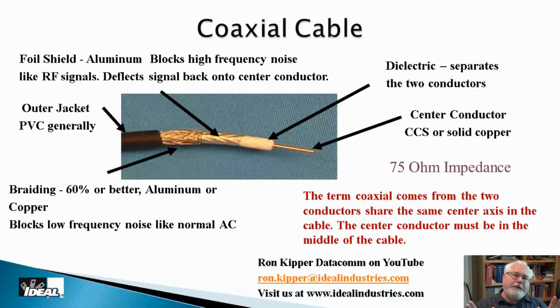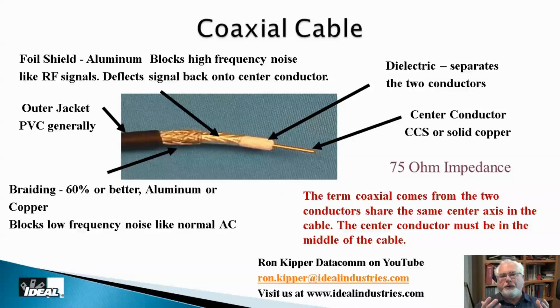Now, coaxial cable is considered to be unbalanced cable. And what we mean by that is that all the signal is traveling down the center conductor through that copper cladding. Now, the second conductor in the cable, which is the foil and the braid out there, is basically a zero reference point or a ground. So all the signal is traveling down that center conductor.